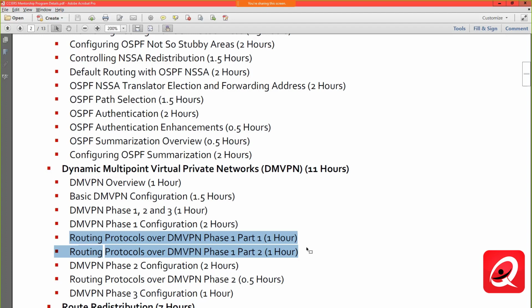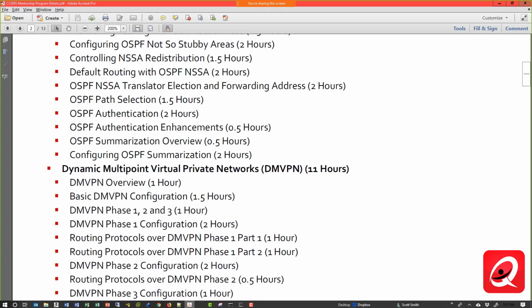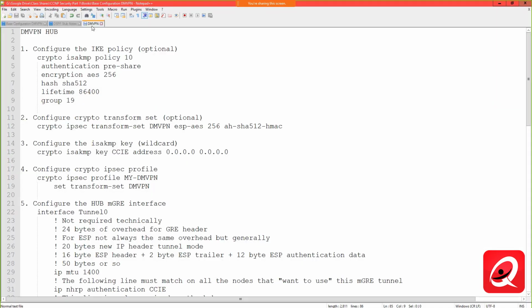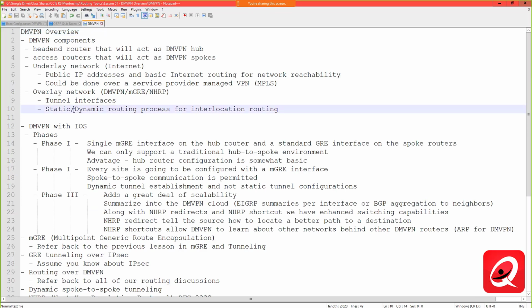All right. So what is DMVPN? We did talk about that in our last discussion. We did take quite a few notes on DMVPN concepts, regarding the hub and the spokes, what the components of DMVPN were, the overlay versus underlay network, and what some of the key differences are between DMVPN phase 1, phase 2, and phase 3, and so on.